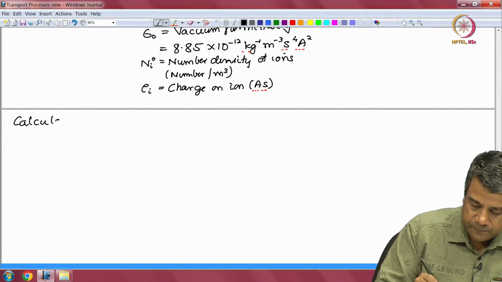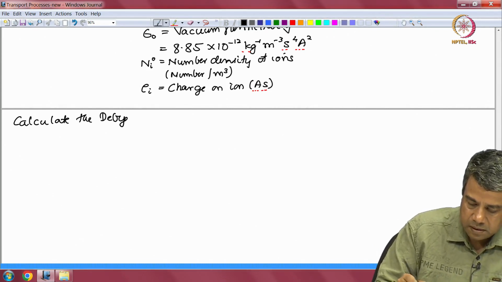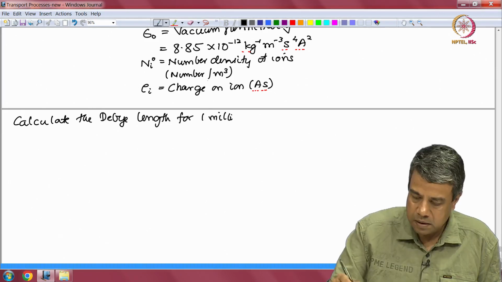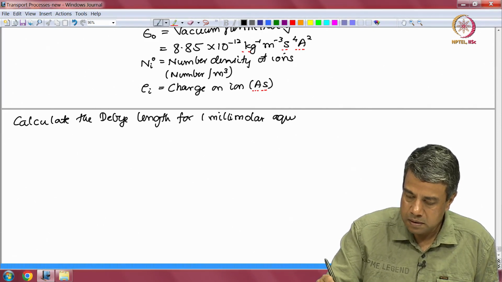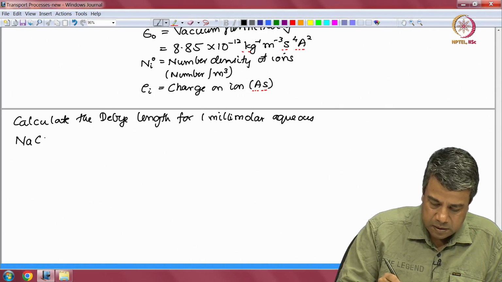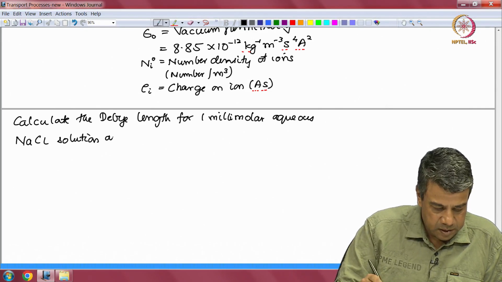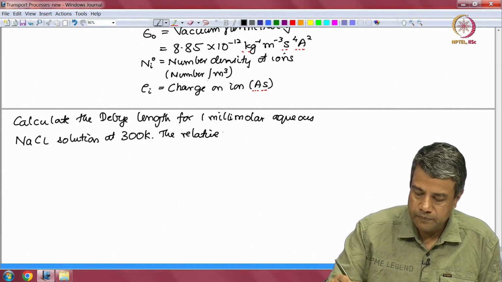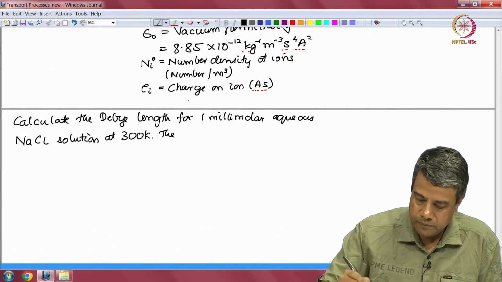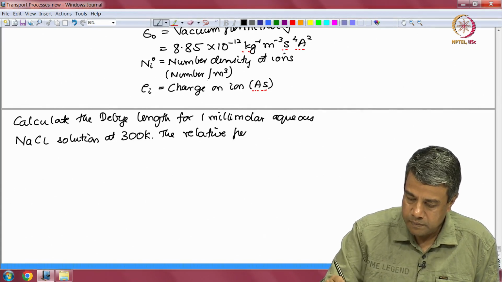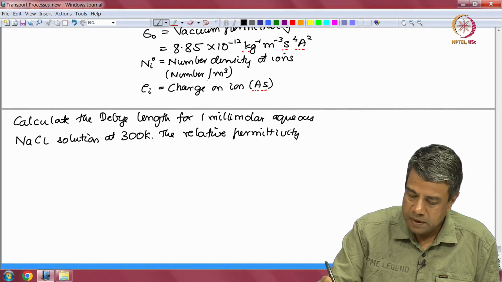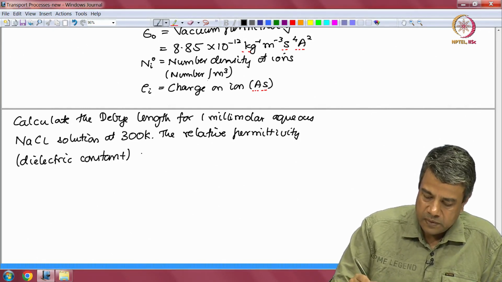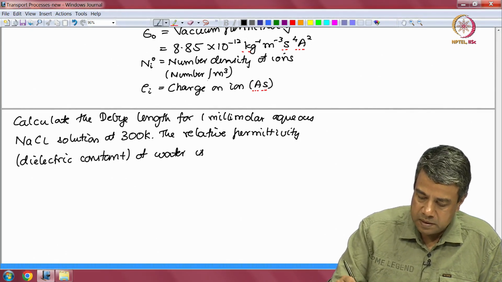Calculate the Debye length for 1 millimolar aqueous NaCl solution at 300 K. The relative permittivity, also called the dielectric constant, of water is 80.